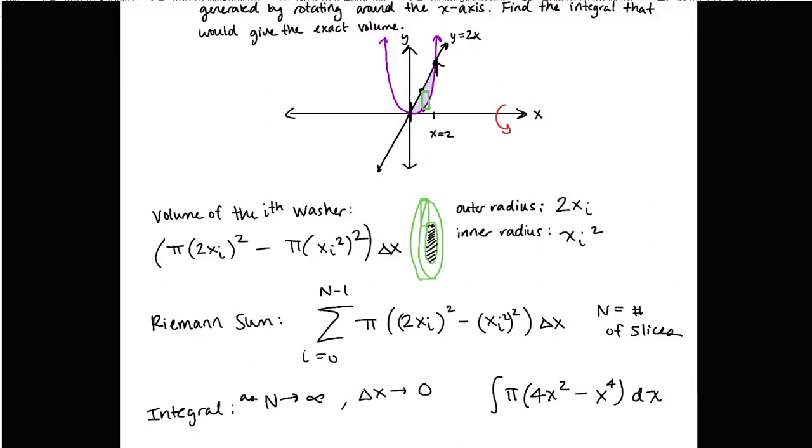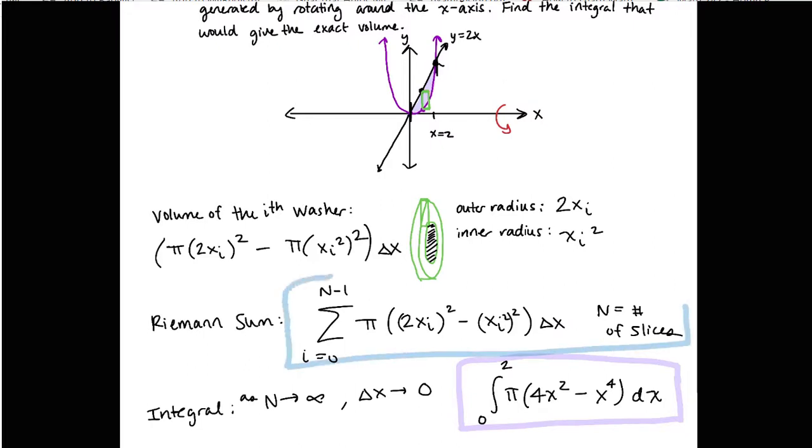So it looks like from 0 to 2. So there's our exact. Here's our approximate. And here is our volume of just one of the washers.